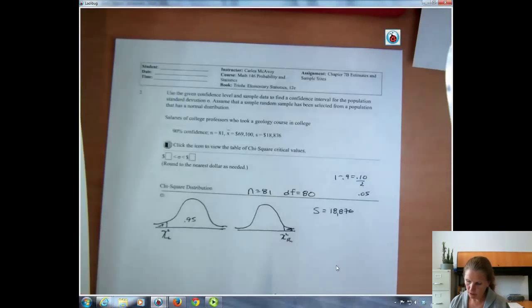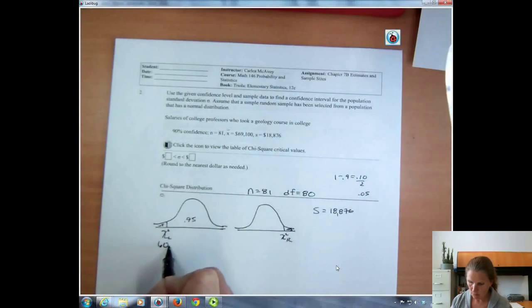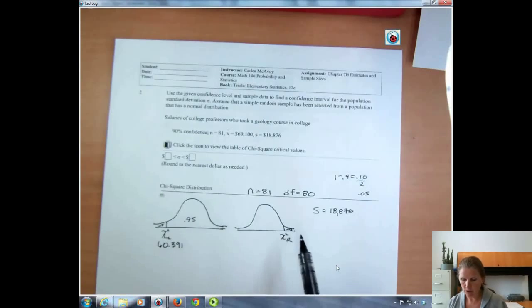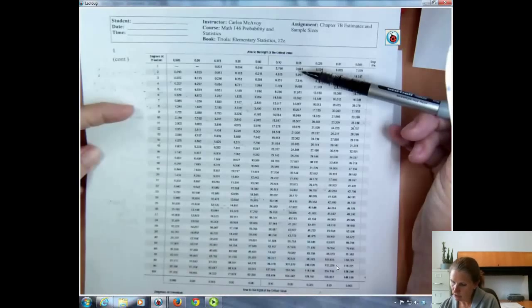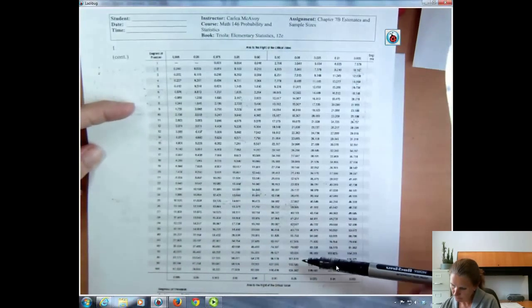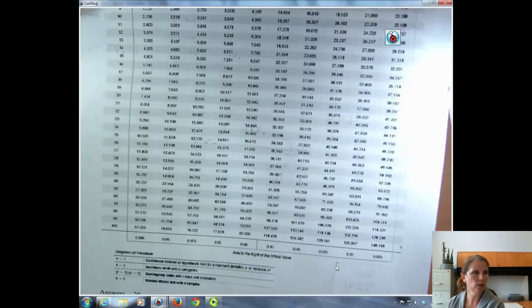So we'll see if I do better this time. This was 60.391. To find my right value, I'm just going to go to that 0.05 mark. 0.05 is the second one in the second half of the right half of that column. But I still go down to 80. And what I get there is 101.